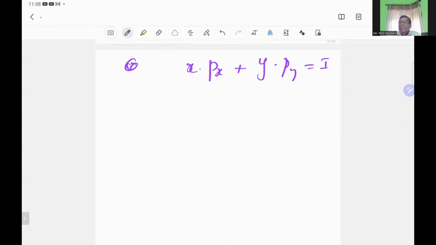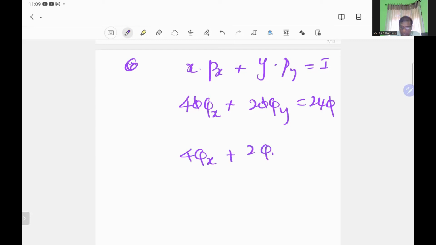The quantity x we don't know. Then 40 qx plus quantity y we don't know. The price of y, it is given that 20 qy equal to 240. You can remove 0, divided by 10. Then 4qx plus 2qy equal to 24. This is equation 2.